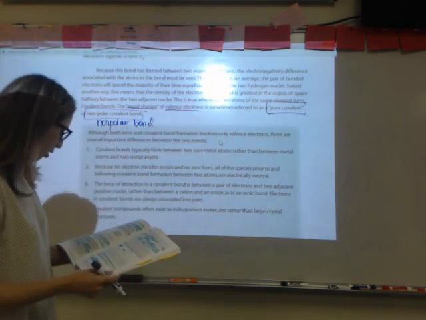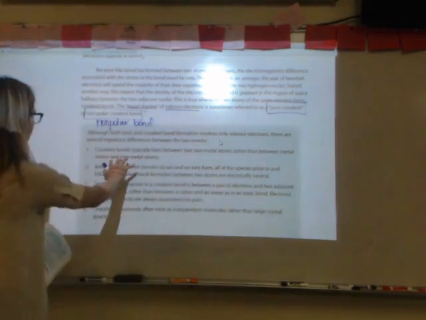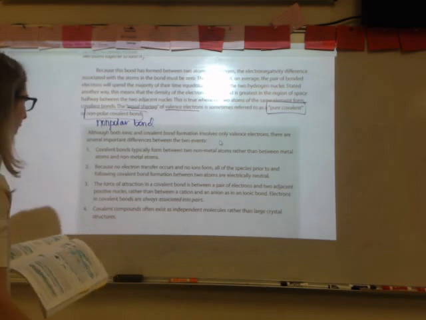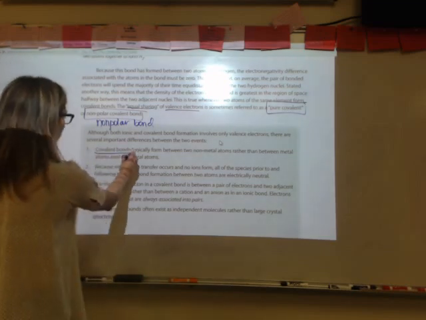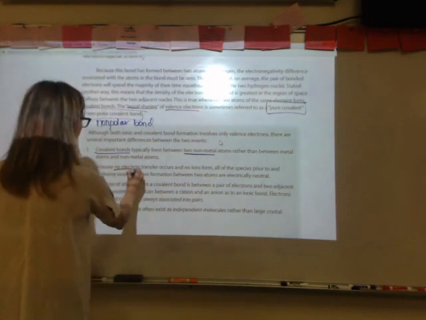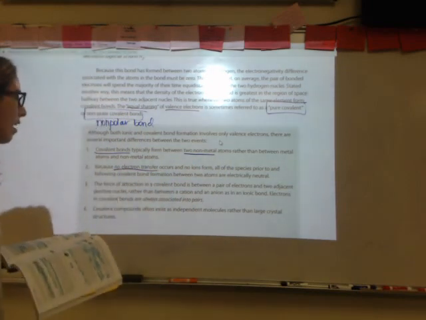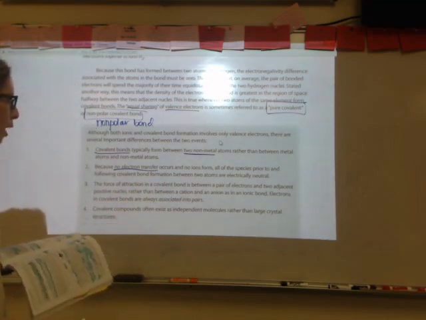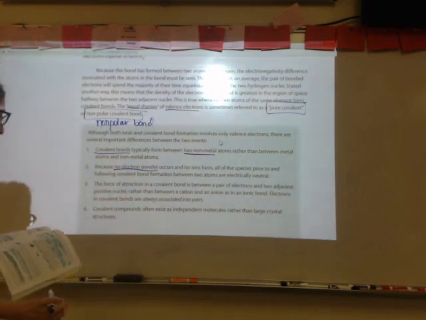Now, if you take a look down here, this is a summary of covalent bonding. Covalent bonds typically form between two nonmetal atoms. Because there is no electron transferring occurring and no ions forming, everything before and after the bond forms is going to stay electrically neutral.